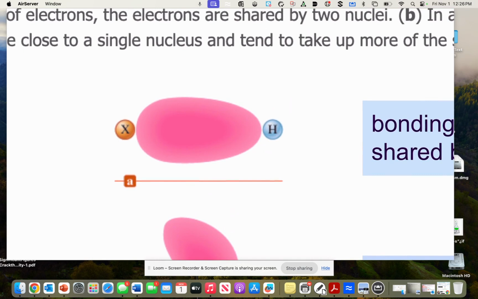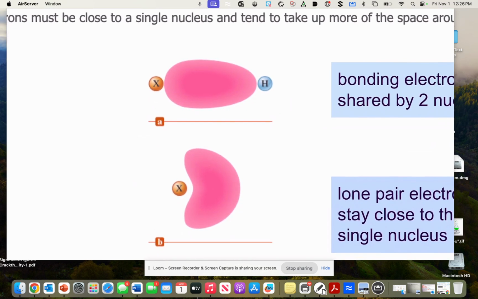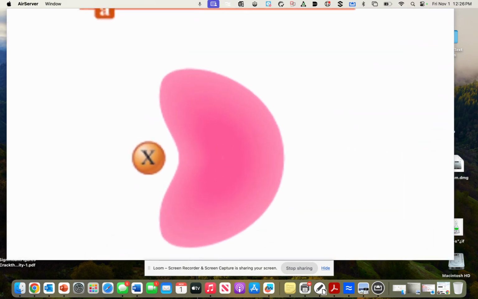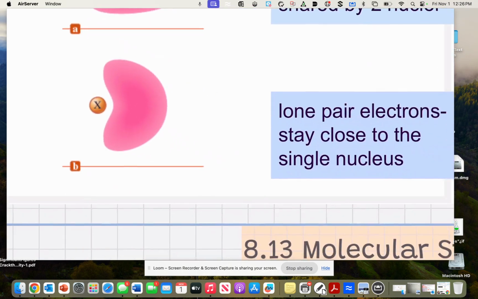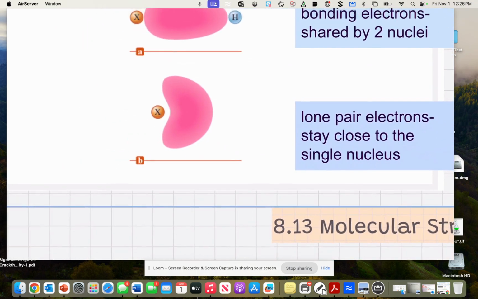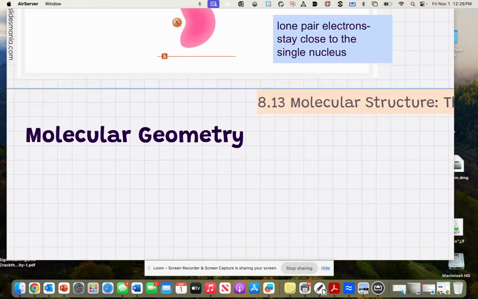X may have a higher electronegativity, but overall the electrons are between the two atoms because they're mutually attracted to both of the nuclei. Whereas over here, the pink is the electron again. If there isn't another atom on the right attracting the electrons away, then they're going to arrange themselves as close as possible to the positive nucleus. Because of that, they do push on any other bonded electrons.